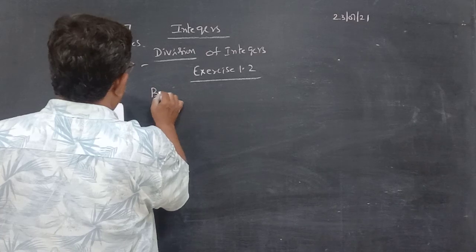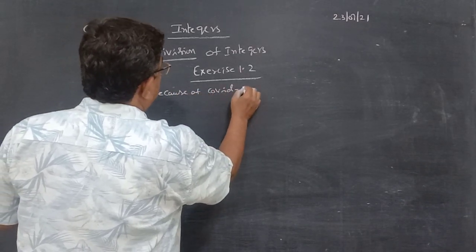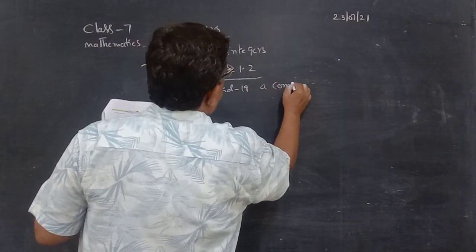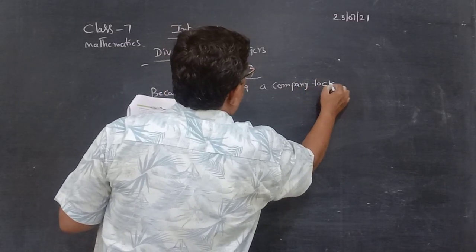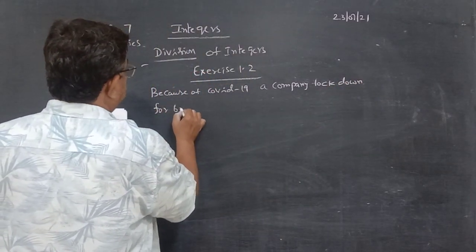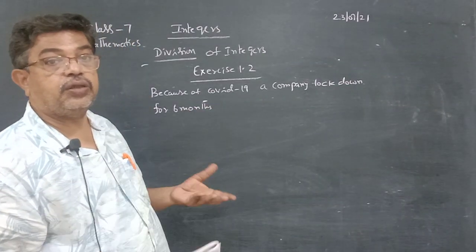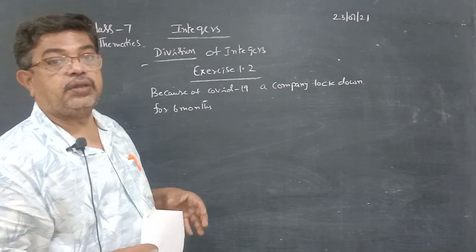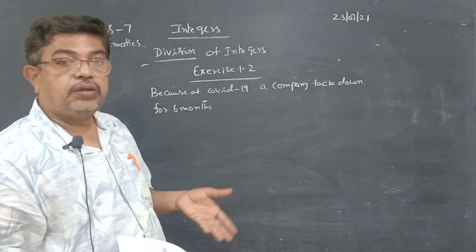Because of COVID-19, a company locked down for 6 months. That means the company is not working. Our schools are also under lockdown because neither the students nor the teachers came to school because of COVID-19. Now we are trying to give you some lessons online.